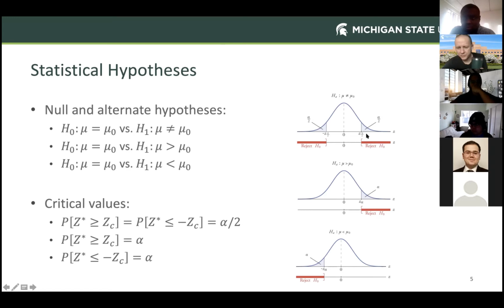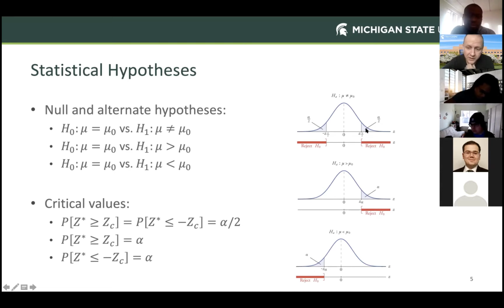So alpha 0.05, a one-sided test, our critical z would be 1.645. So positive 1.645, there's a 5% chance we'd have a value as large or larger than that. And there'd be a 5% chance that we're less than or equal to negative 1.645, okay?